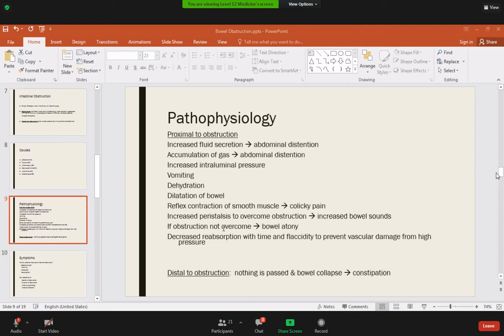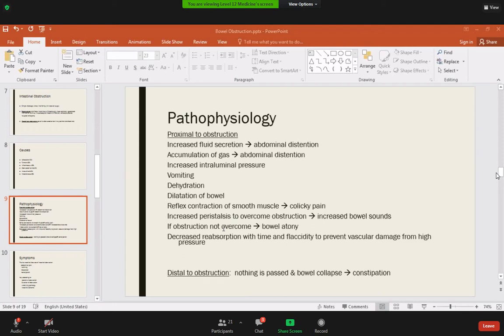In that specific segment, as the fluid secretion is increased, there is distension. With the passage of time, H2S gas starts forming from the fermentation of the contents inside, and that gas accumulation increases the distension of the loop.